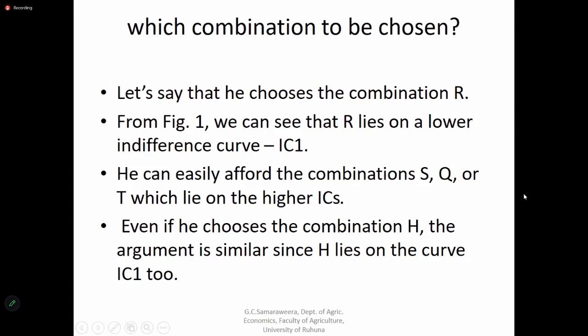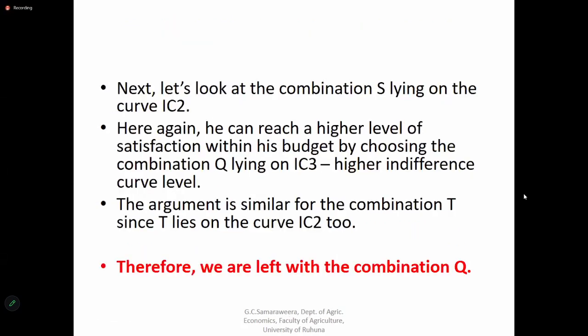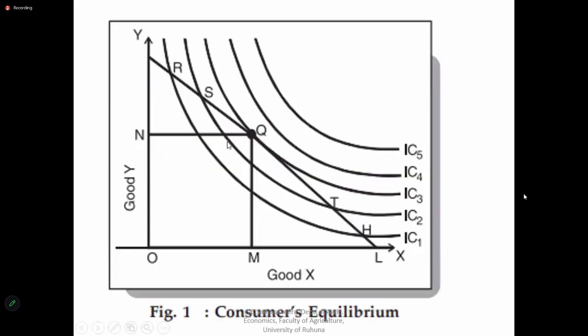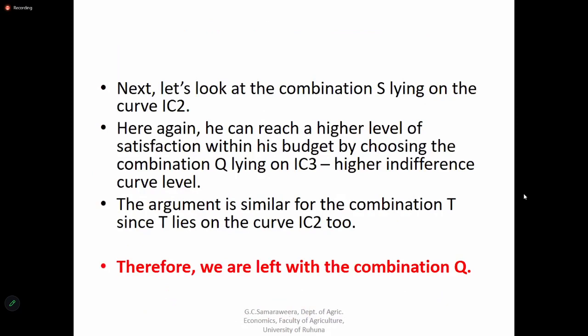And next you can see, look at the combination S lying on the curve IC2. Two points touch the budget line, T and S. Here again, he can reach a higher level of satisfaction within his budget by choosing the combination Q lying on IC3.